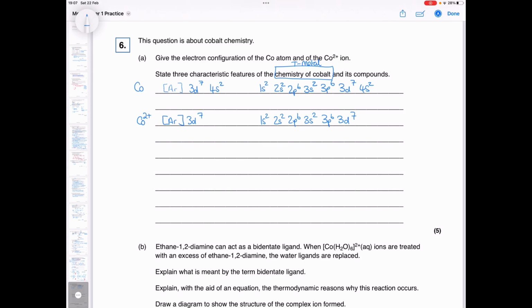So we could say that cobalt shows variable oxidation states. Cobalt and its ions can act as catalysts. Cobalt ions form coloured complexes and compounds.